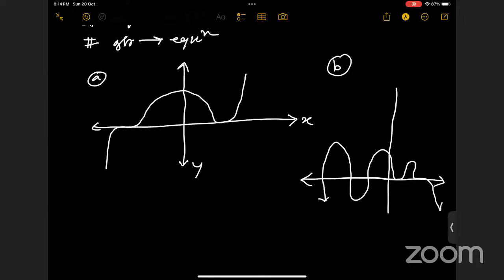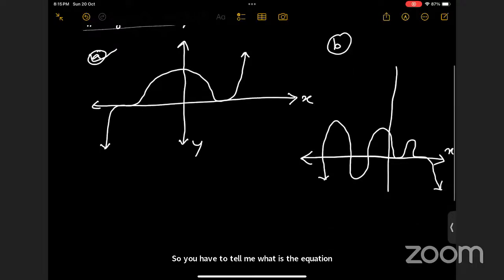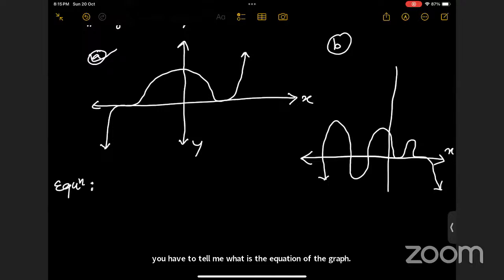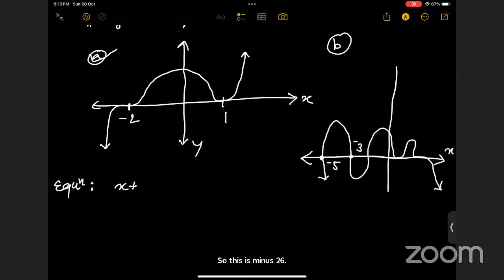Let us first discuss graph A. You have to tell me what is the equation of the graph. Ma'am, the x-intercepts. Okay, this is minus 2. So x plus 2 whole cube into x minus 1 whole square.